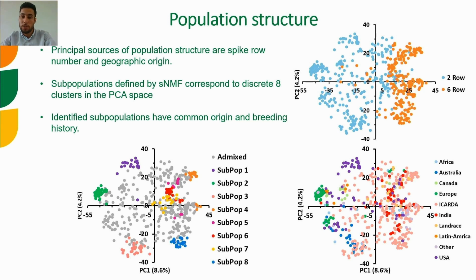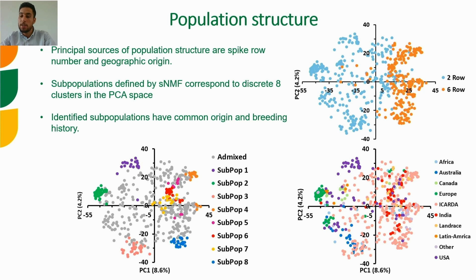And the subpopulation 4 comprised 6-row genotypes derived from the cultivar Petunia. These 2 subpopulations are both issued from the CGIAR barley breeding program for Latin America. The 6-rowed fair barley genotypes from USA and Canada were mostly grouped in the subpopulation 5, while the 6-row genotypes from India were included in the subpopulation 6.